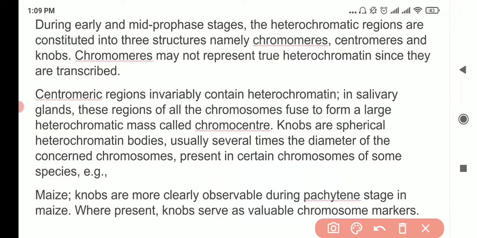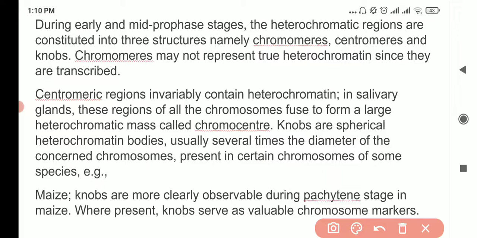Okay, let's continue. Centromeric regions contain heterochromatin. In salivary glands, these regions of all the chromosomes fuse to form a large heterochromatic mass known as the chromocenter. Those giant chromosomes, remember I showed you in the spotting?